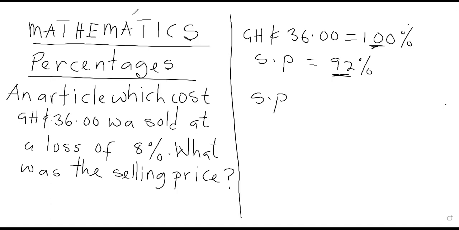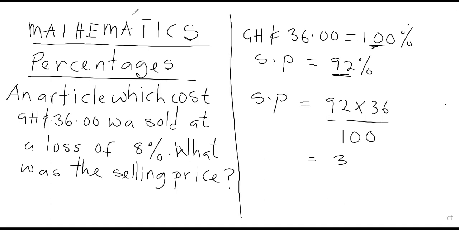And if less, more divides. So that'll give you 92 times 36 divided by 100. Please multiply 92 by 36 for me. That'll give you 3,312.